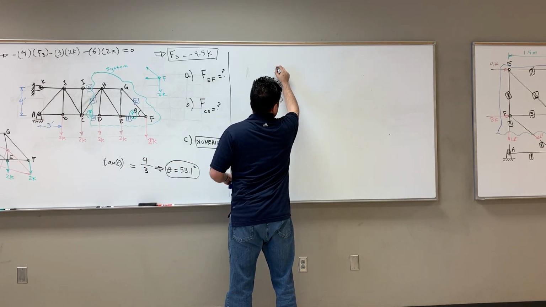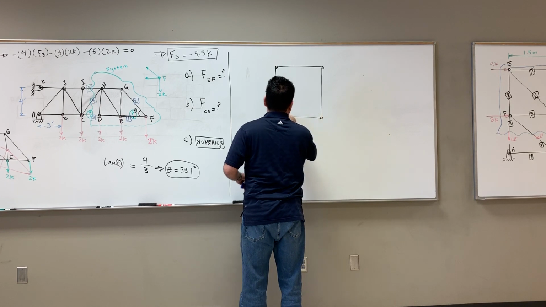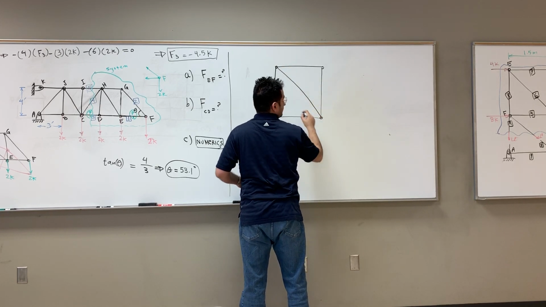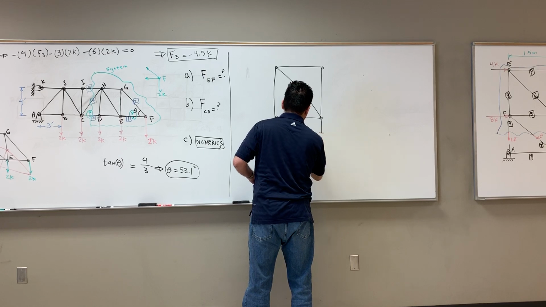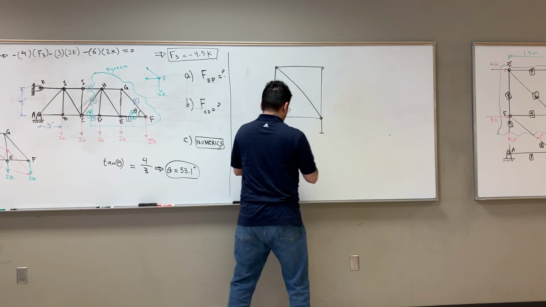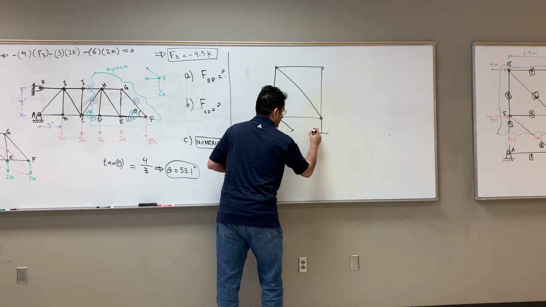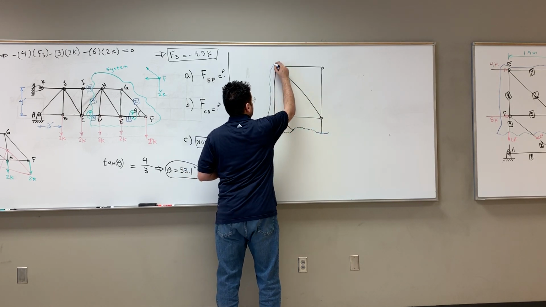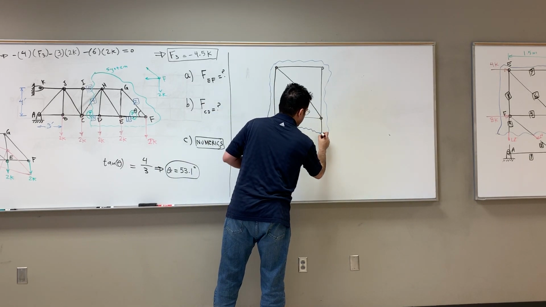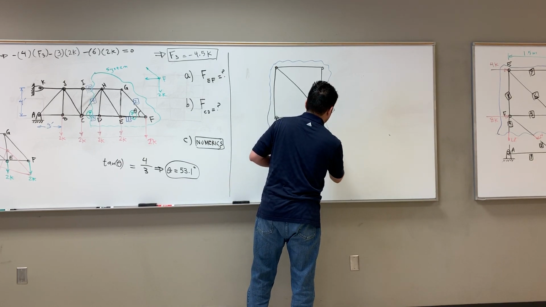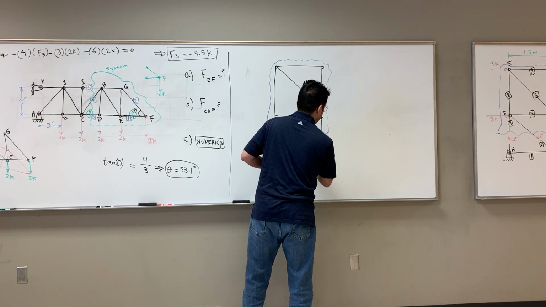So, that's my section structure. And my system, external forces: you have F3, F2, and F4.